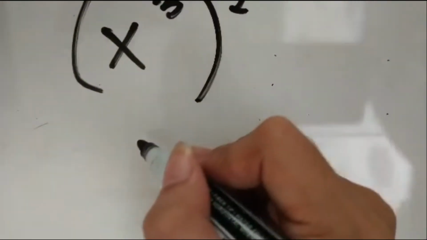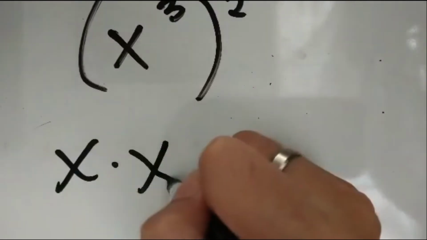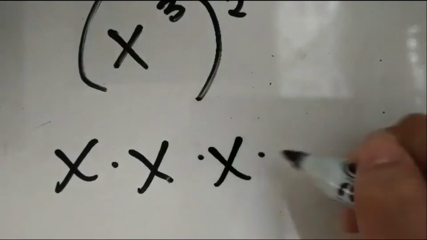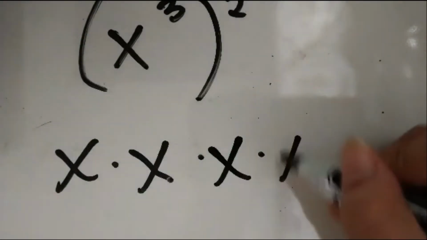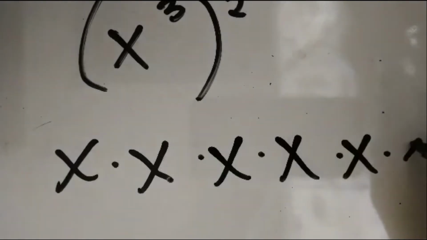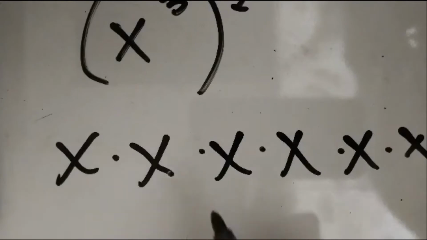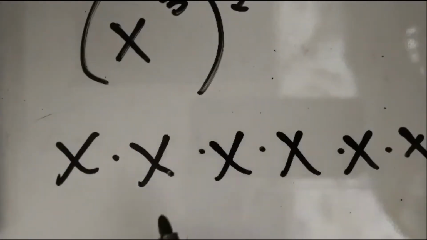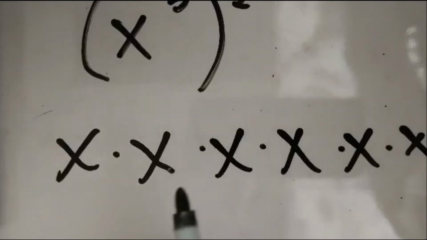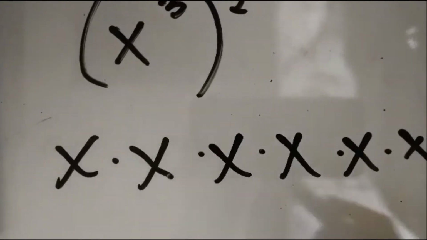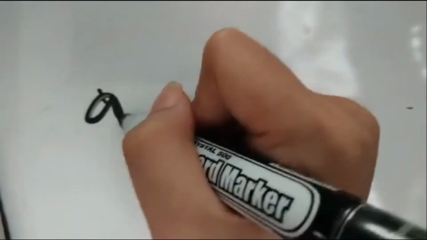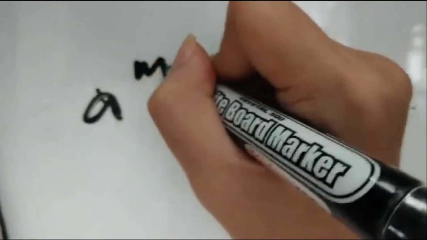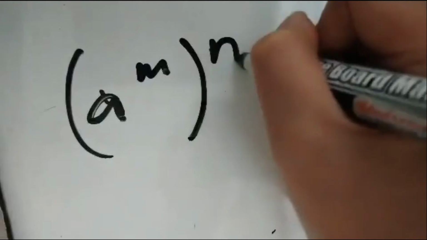That will be x times x times x times x times x times x. Well, how many do we have? Okay, 1, 2, 3, 4, 5, and 6. And so instead of having to write all of these out, we can see that the shortcut would simply be to multiply the exponents. Okay, so a to the power of m to the power of n.